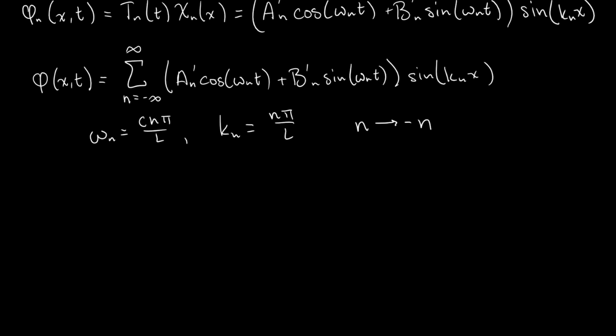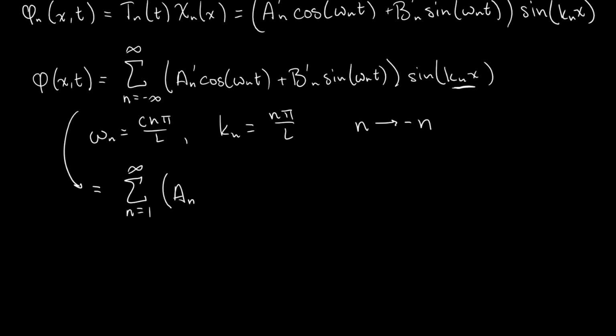So when I do this, cosine doesn't change, and sine gets a negative sign, so I can essentially pull out common factors of cosine and sine and just lump the constants together, so that now I can rewrite this as only a sum over positive n starting at 1, because if I try to start at 0, I just get 0 because of this guy.